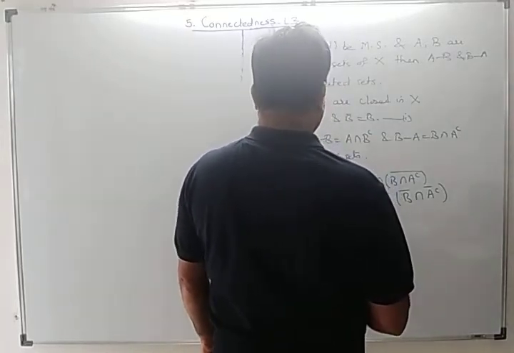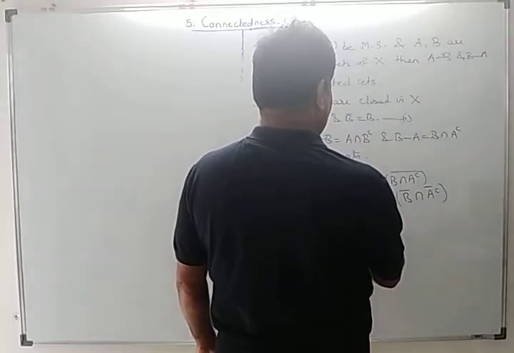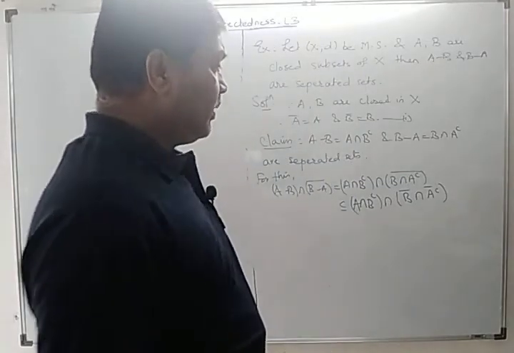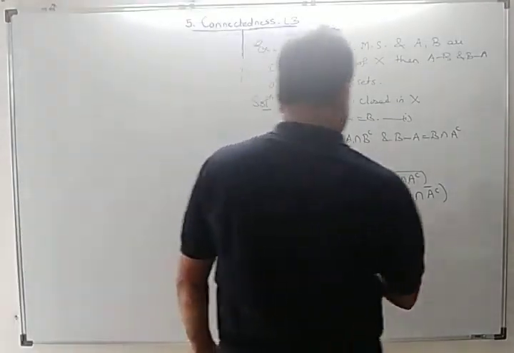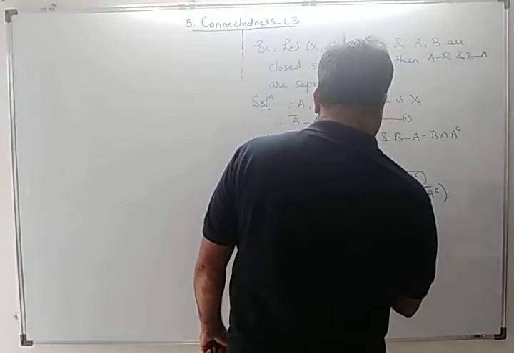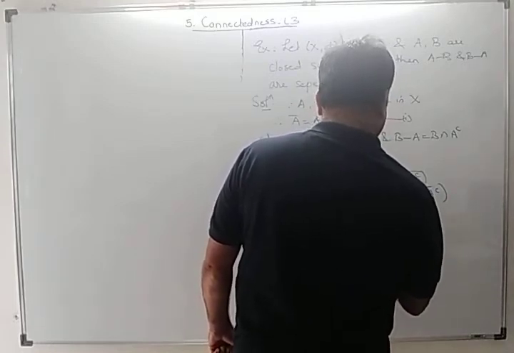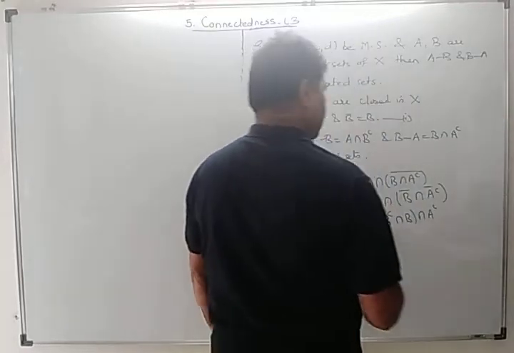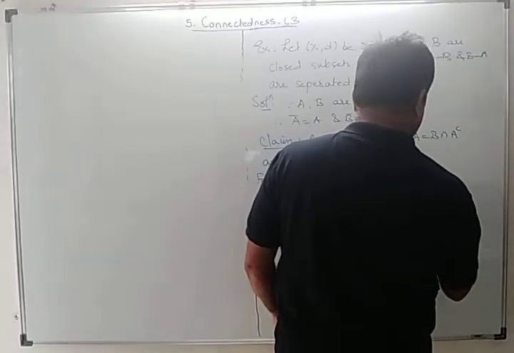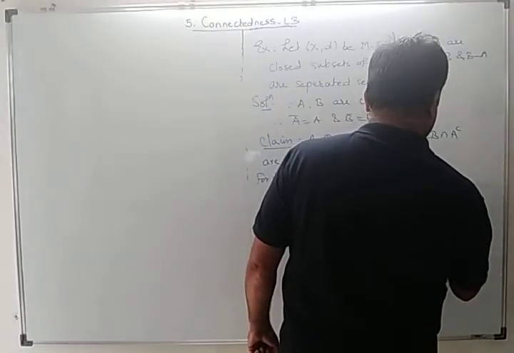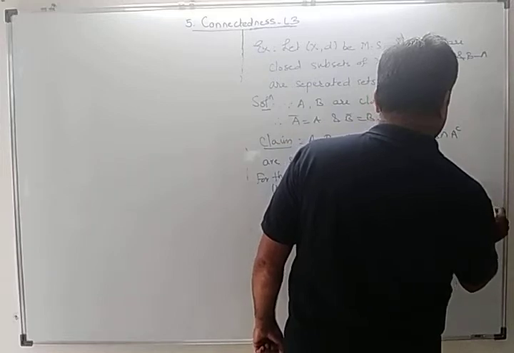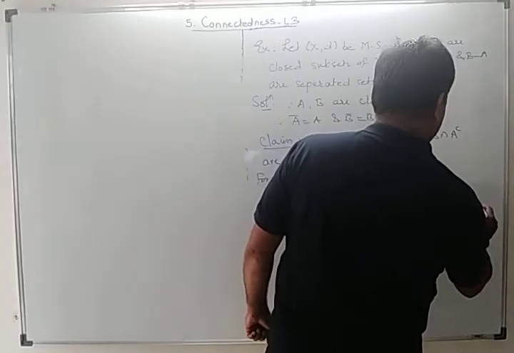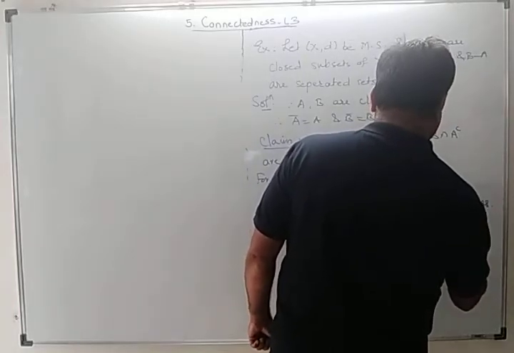Now we know that B closure is nothing but B. So this is equal to A intersection B complement intersection B intersection A complement closure, by distributive law, associativity and 1.